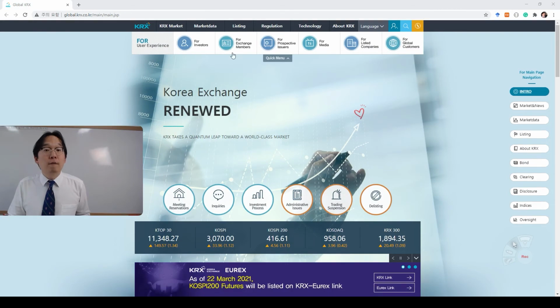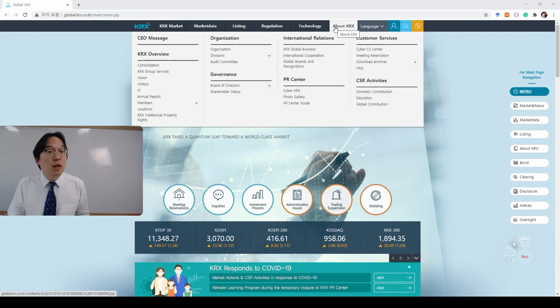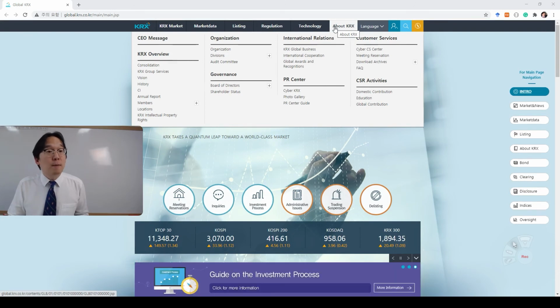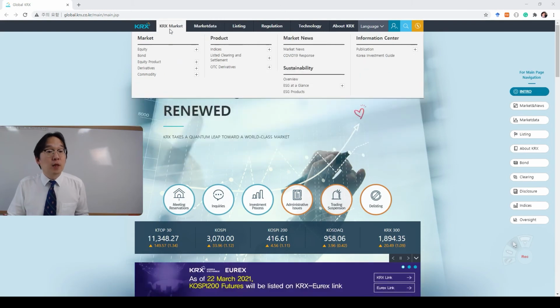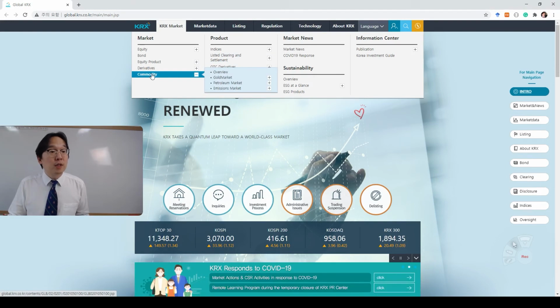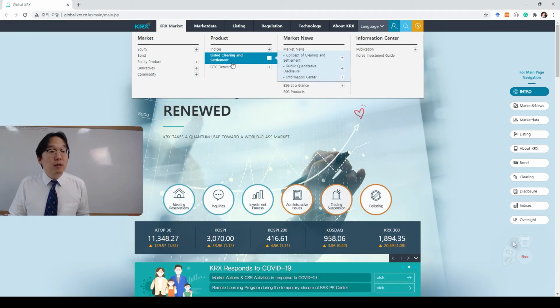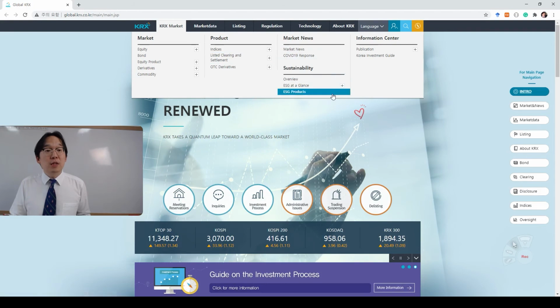And for language, you can try different languages, and then you can see some market data as well as products, and then commodities, derivatives, indices, and market news.